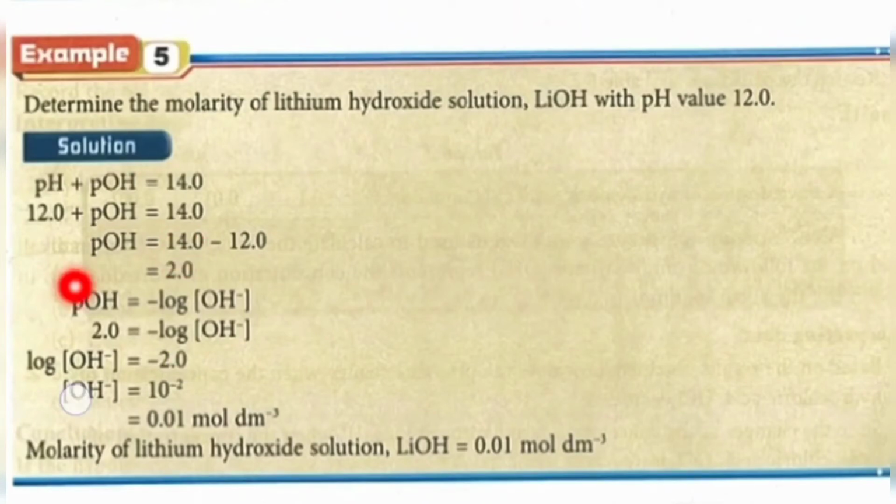We want to find the concentration of OH minus, so we just shift the log. We will get 0.01 molar. So this is the molarity of the lithium hydroxide solution, 0.01 mol per cubic decimeter.